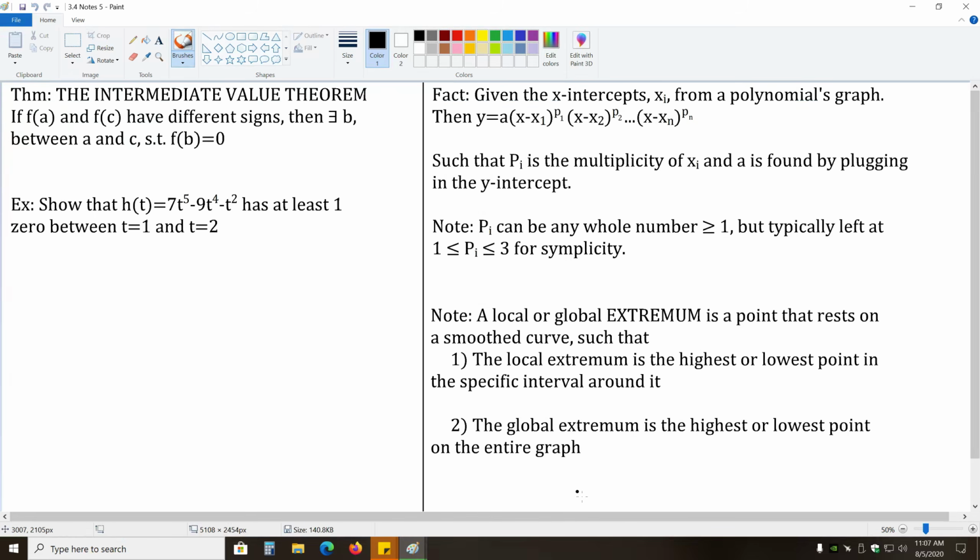Okay, from here, we now introduce one of the most important theorems in all of mathematics, the intermediate value theorem.